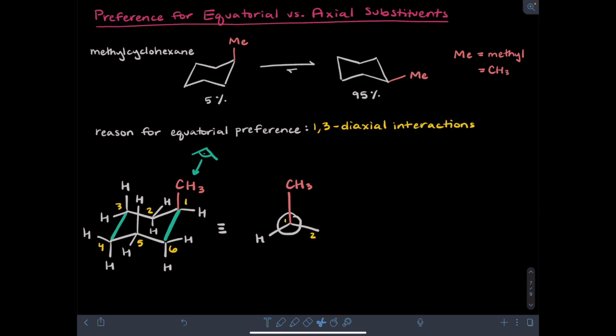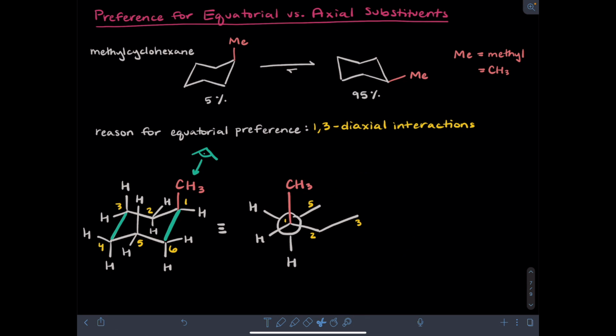Now let's think about carbon 6, which is directly behind carbon 1. Off of carbon 6, there are two hydrogens. One hydrogen points straight down, and from the observer's perspective, the other hydrogen points up and to the left. Up and to the right, carbon 6 is connected to carbon 5.